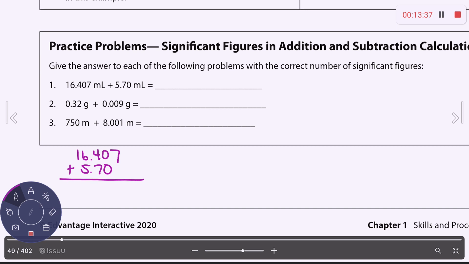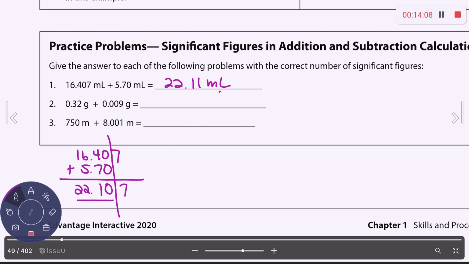I'm going to draw a line after the term that has the fewest decimal places, which is the 5.70. Then I'm going to write down what my answer is. I get 22.107. Still add it in your calculator, but write everything down. Everything to the left of the line is what you are allowed to write in your answer. But since we have a 7 here, this 0 rounds up to a 1. So you're going to get 22.11 milliliters as your answer.